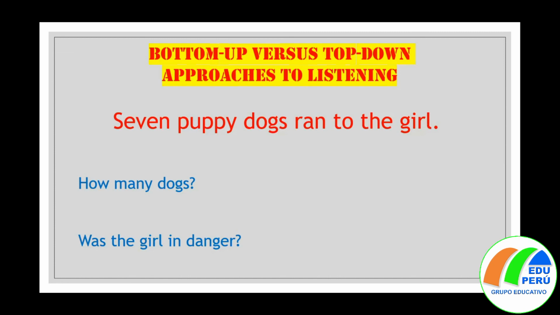I think the girl is not in danger. But others say, no, seven, because of the quantity. Notice how you change. It depends on the person who reads or listens. Oh, seven, it's a huge quantity, seven dogs. But maybe this person didn't take into account the other word, puppy. Oh, puppy, small dogs, they're cute.